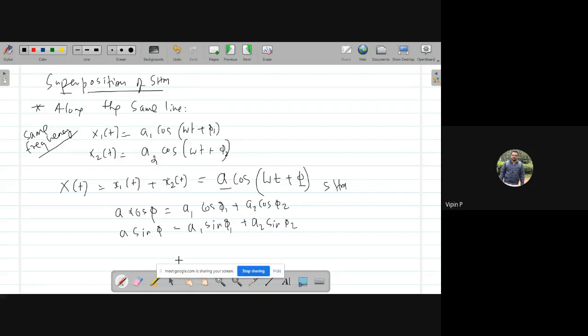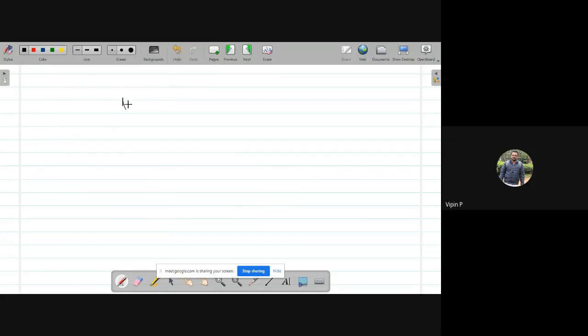Now, there is another formula that will help us calculate A. Again, the details of this derivation can be given, but I'm not doing the derivation here, just the results. A is the square root of A1 square plus A2 square plus 2 A1 A2 cos(phi1 minus phi2).